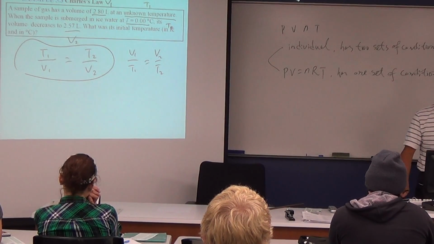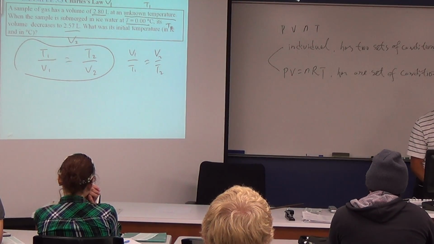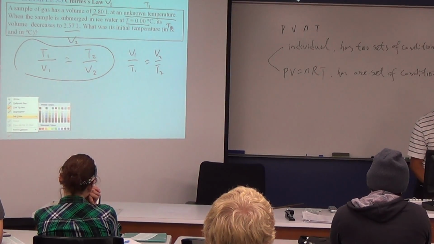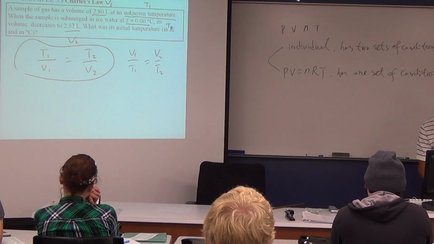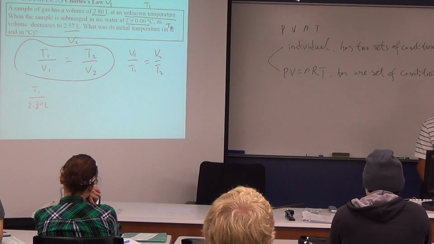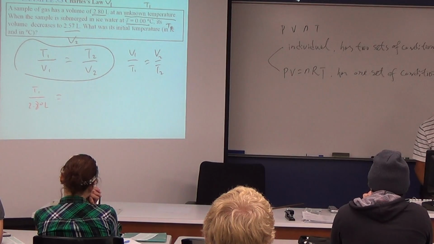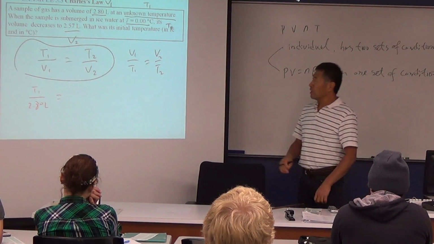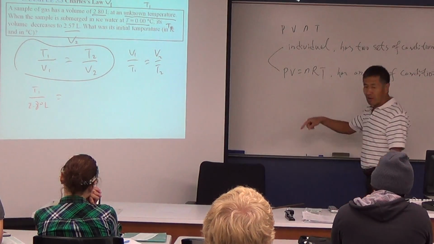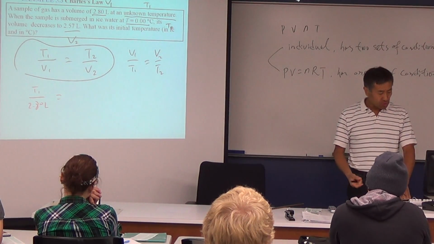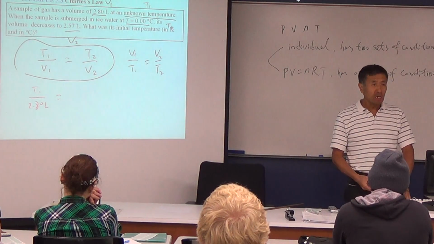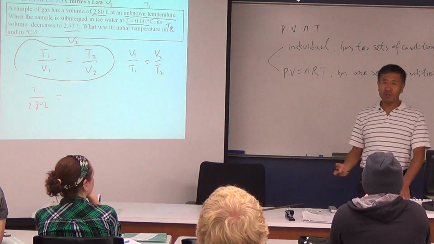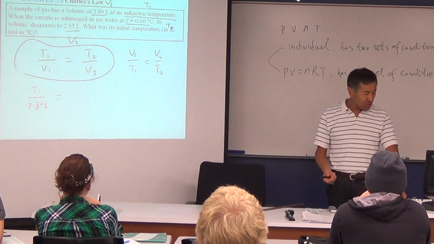And then you just solve it. Let's say we have that T1 we don't know, so we just put T1 here. And then V1 we set to 280 L, then that equals, let's say, T2. So remember what I said on one slide: those temperatures are always in kelvins, right? And in the individual law, for the volume, the unit doesn't matter.